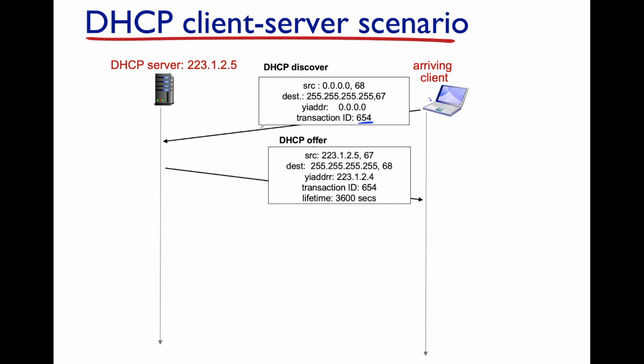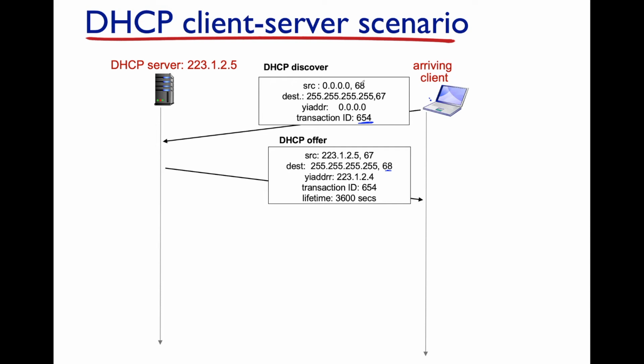So the source address, the DHCP server, it has an address, and it's at port 67. And the destination is going to be 255 because it doesn't know who that client was by its IP address. All it knows is somebody broadcasted it. So it broadcasts by sending to this destination address, 255.255.255.255, and it uses port number 68.